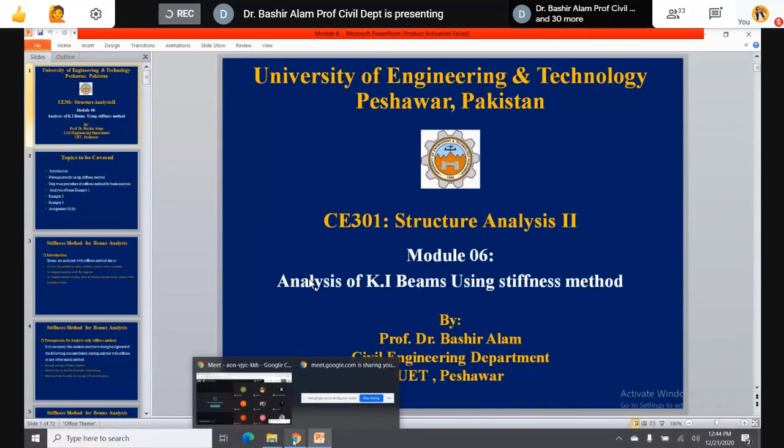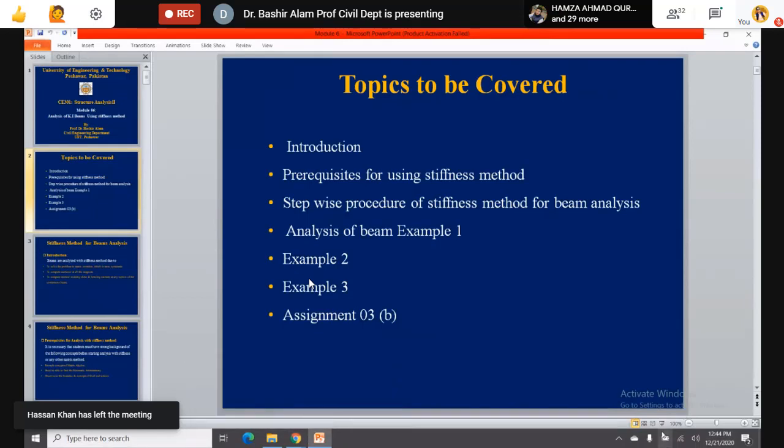Let's start now module 6, which is regarding analysis of kinematically indeterminate beams using stiffness method. So now you will see the application of this method to the analysis of beams.